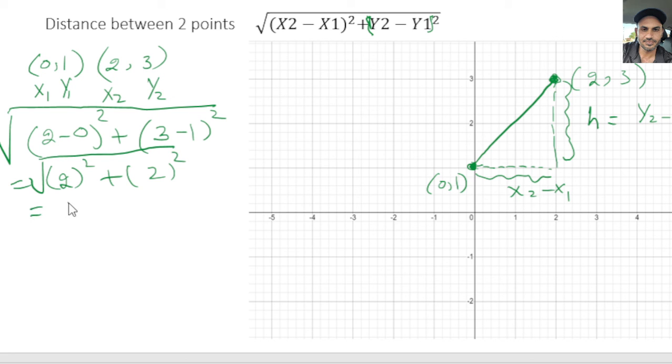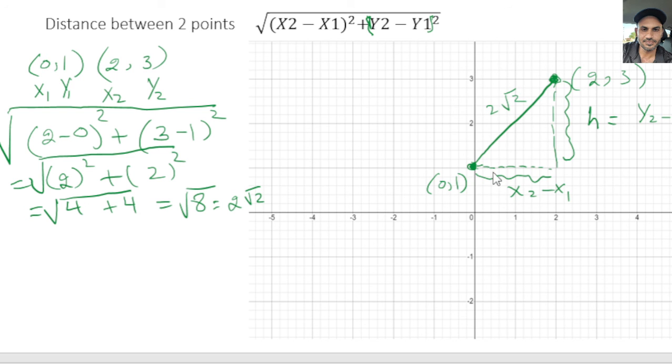So here we have 4 plus 4, which is equal to 8, and square root of 8. And if we simplify this, this becomes 2 square root of 2, or you can calculate using a calculator, which will give you the decimal point. So the length of this side is then 2 square root of 2.